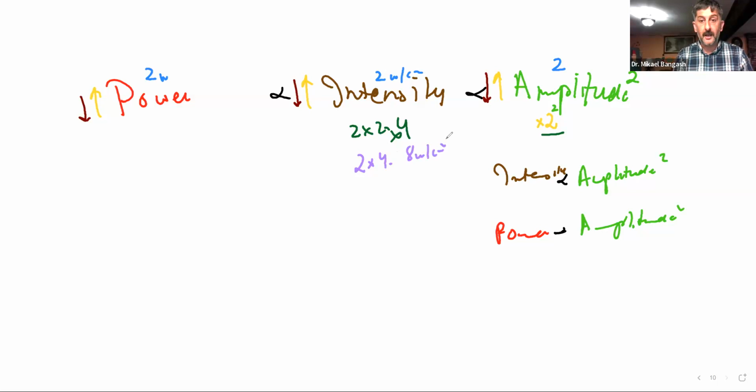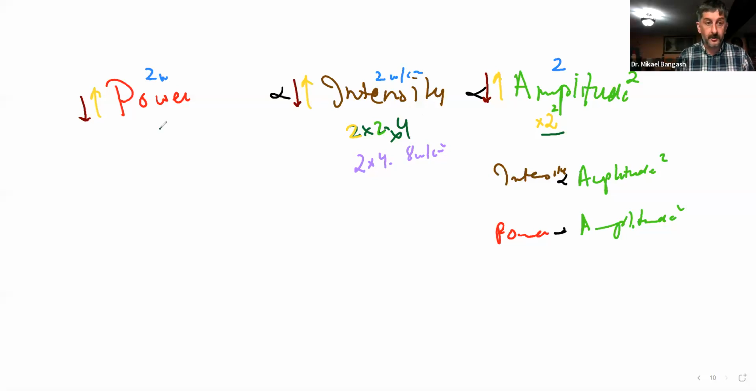The same will also apply to your power, where you say the amplitude only increased twice, but that twice is going to be squared, which means 2 times 2, which means it becomes 4.